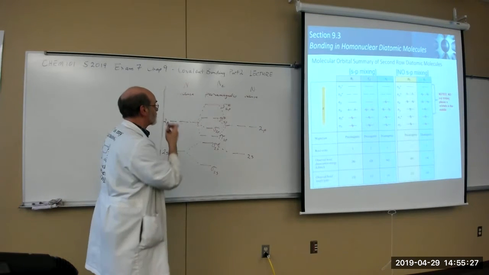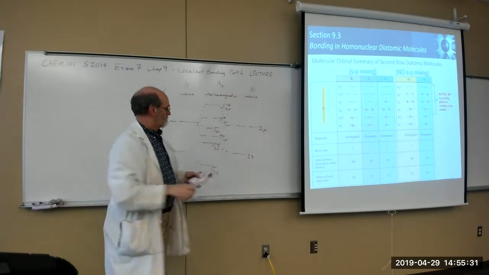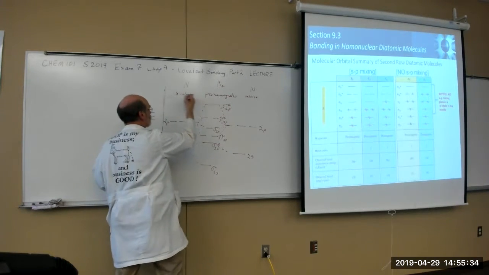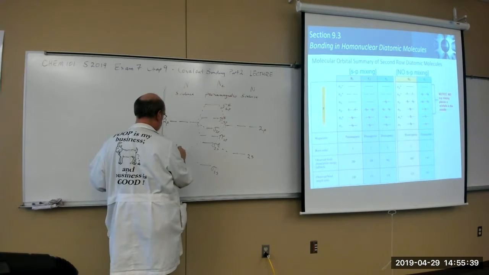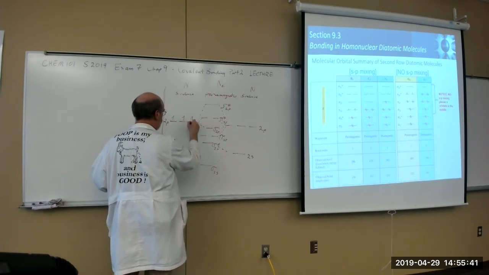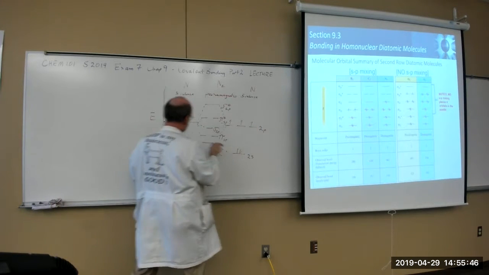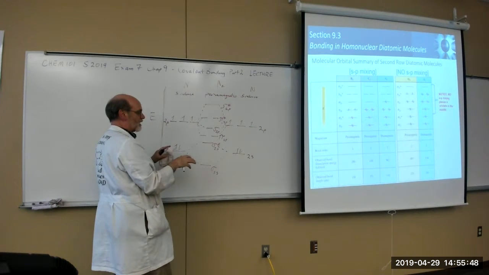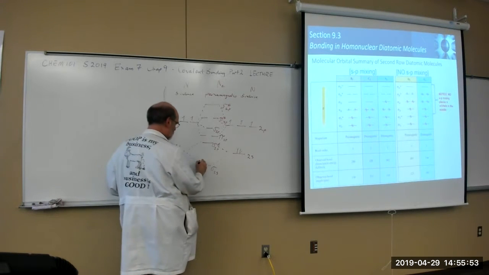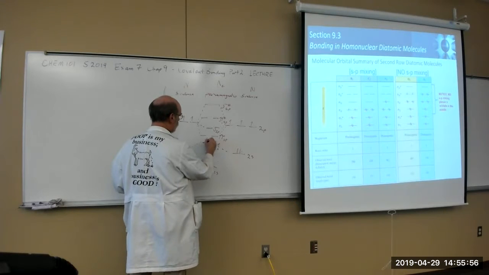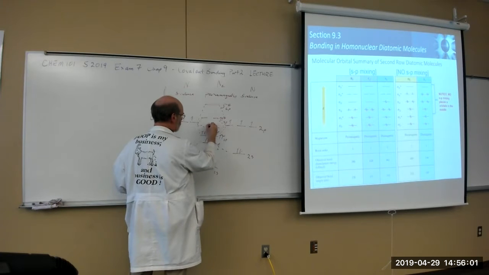Now, how many valence electrons are in nitrogen? We just count from the left. Nitrogen is 5 over. Each one has 5. So that means we have 1, 2, 3, 4, 5, and 1, 2, 3, 4, 5. So we have 5 electrons in the original atoms. Now we've got 10 electrons to place in the molecular orbitals. 1, 2, 3, 4, 5, 6, 7, 8, 9, 10.